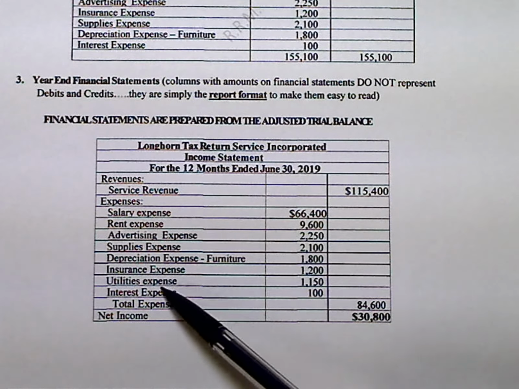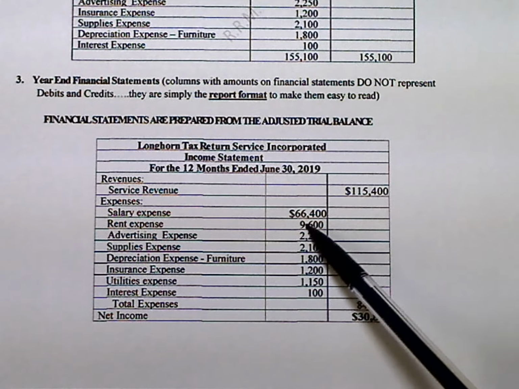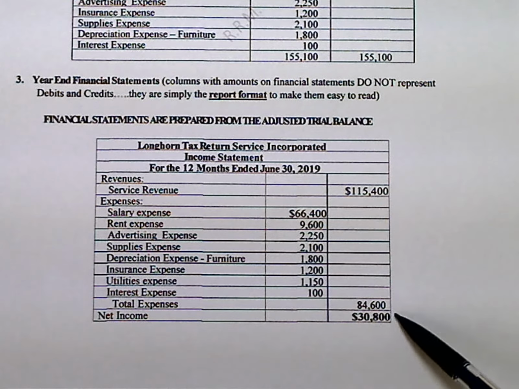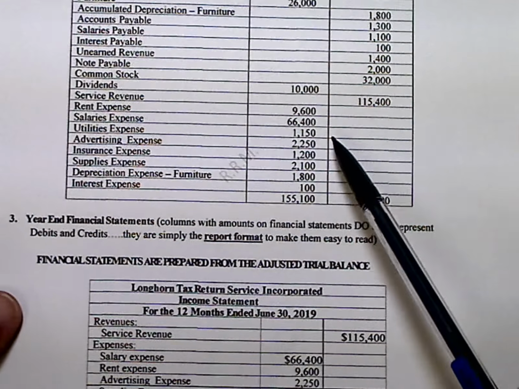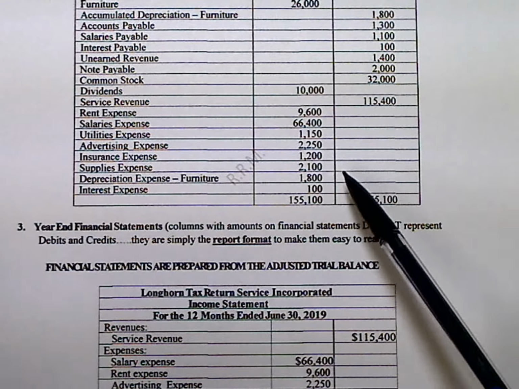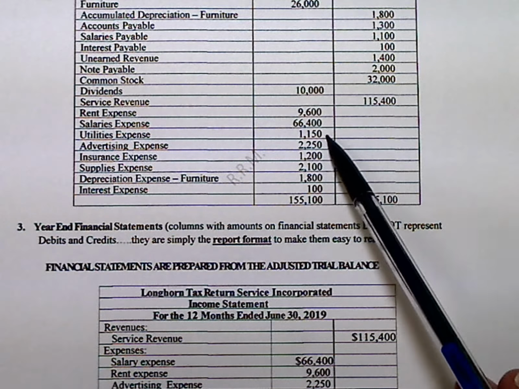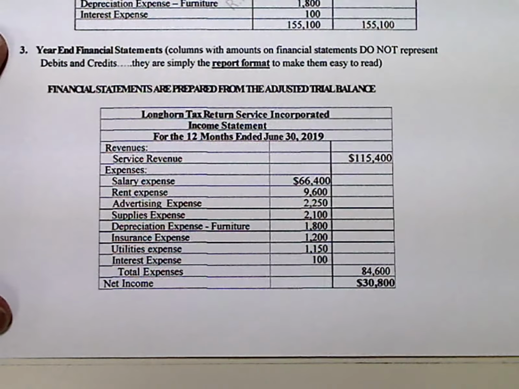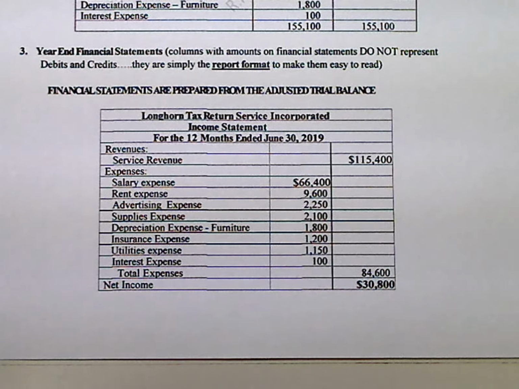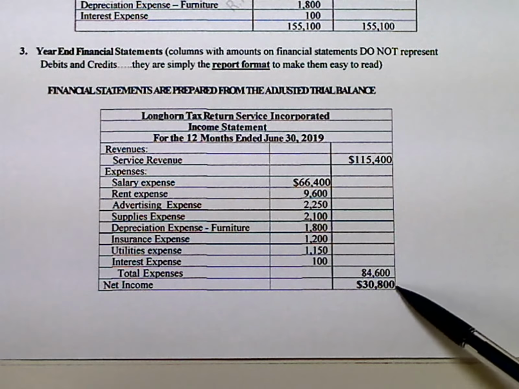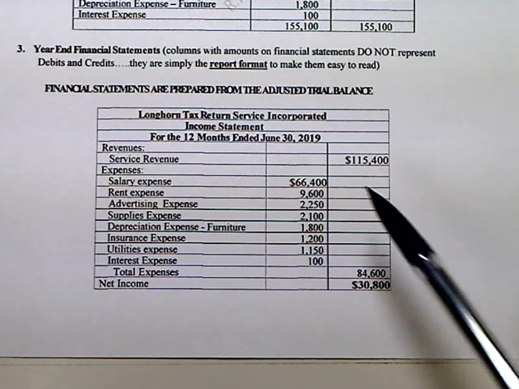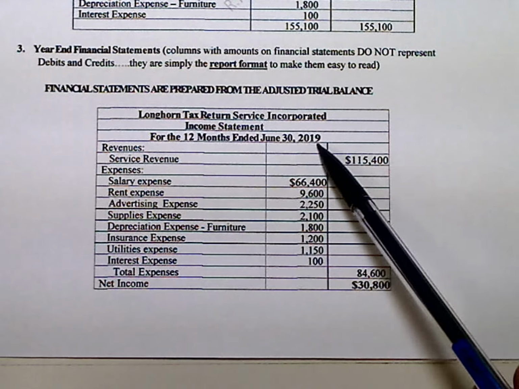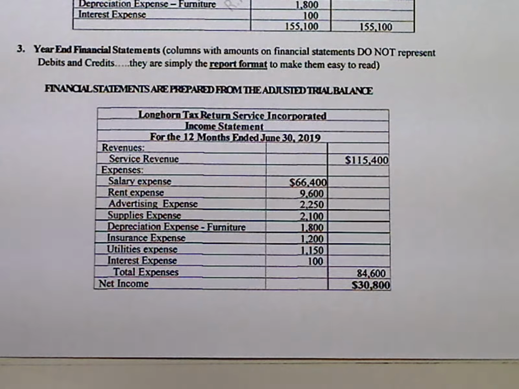Others might put them alphabetically. Doesn't really matter. Truth is, get them all in there. Those are all the expenses. We got those from the adjusted trial balance numbers right here. We prepare an income statement. We didn't know what net income was until we did this income statement. Now we see it's $30,800 net income for the 12 months ended June the 30th.